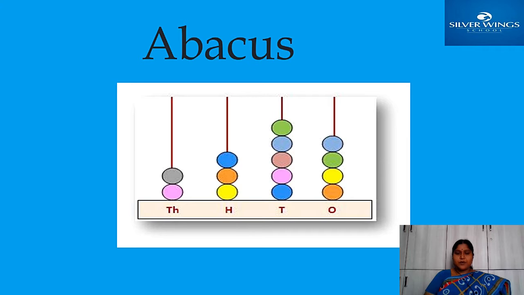Next, how many beads should you draw in 100's place? 3. You should draw 3 beads on the 100's column. Next, in 1000's place 2 is there. So we draw 2 beads on 1000's column.